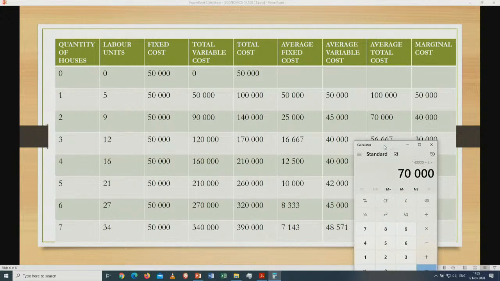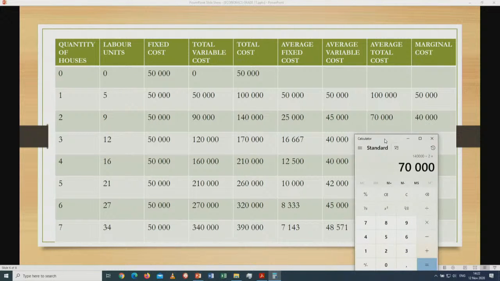So this is where we must be now. And then we look at what is our total cost. We say our total cost now is 140,000. Remember, you can't use that one.